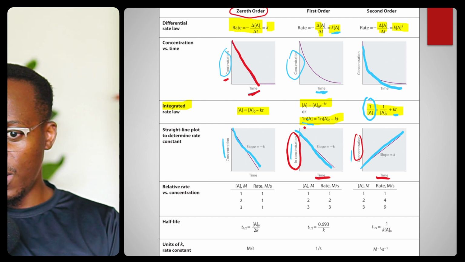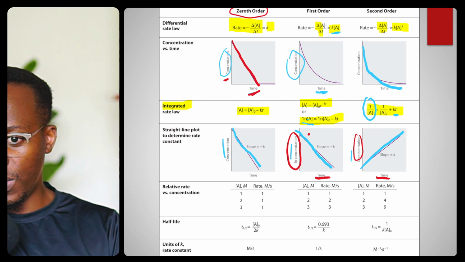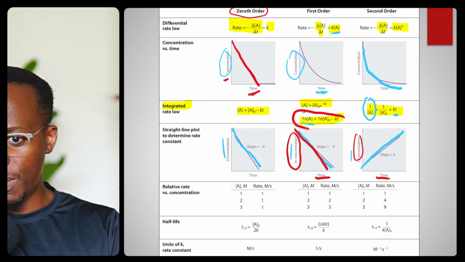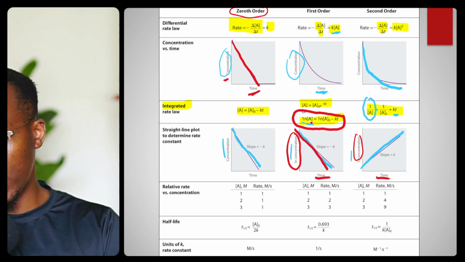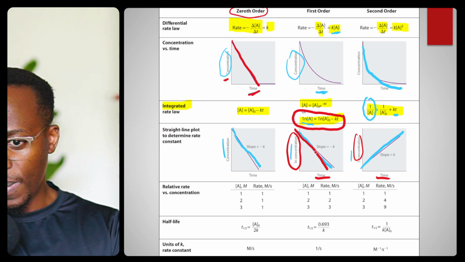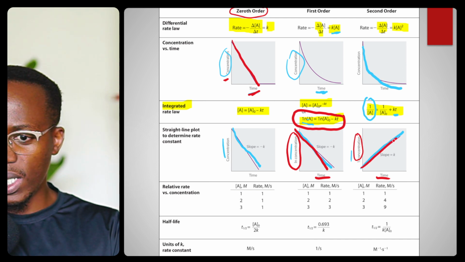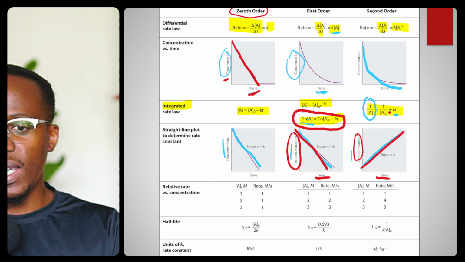If you do a graph of ln of A versus time, and you get a straight line, you know that you have a first order reaction. Why? Because of this equation from the first order reaction, right? And then if you do a graph of 1 over concentration versus time, and it's a straight line, you know that it's a second order reaction.